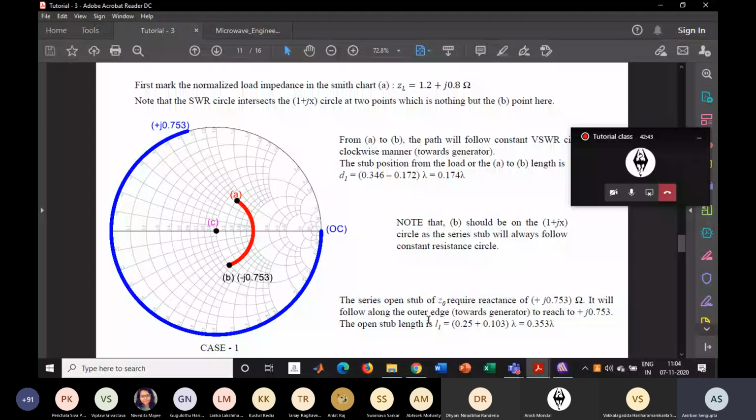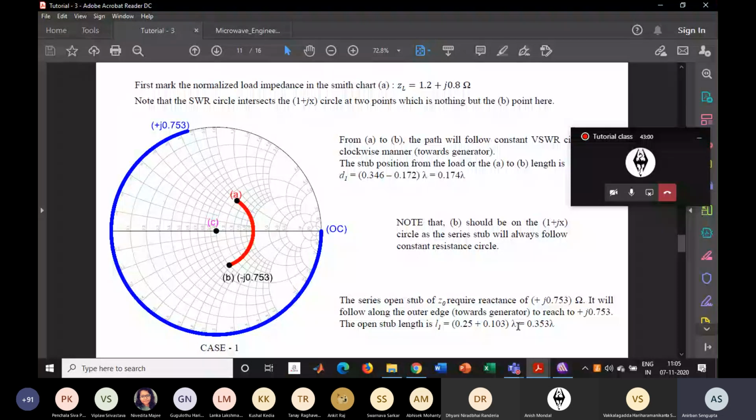plus 0.103 lambda. You can find it directly from here. So that is 0.353. This half cycle is 0.25, take this because this half cycle will come out as 0.25, and from here how much are you going?